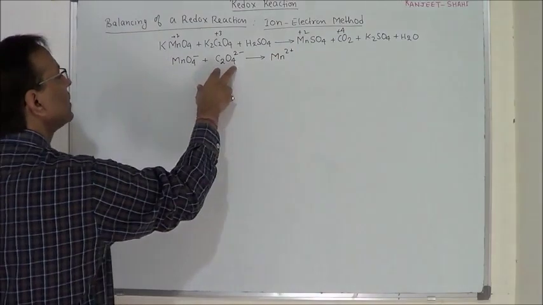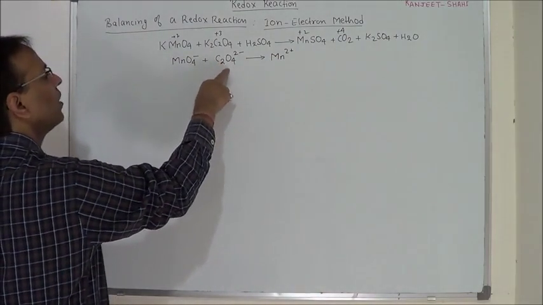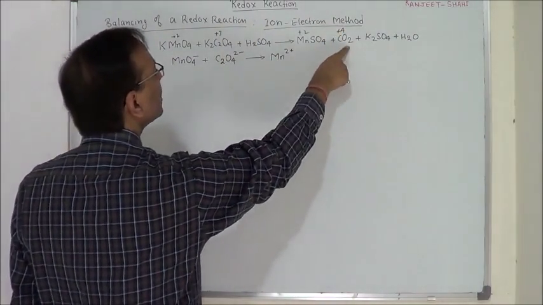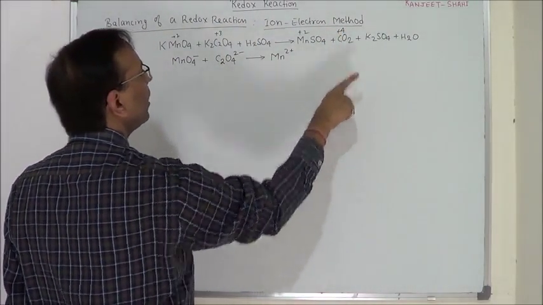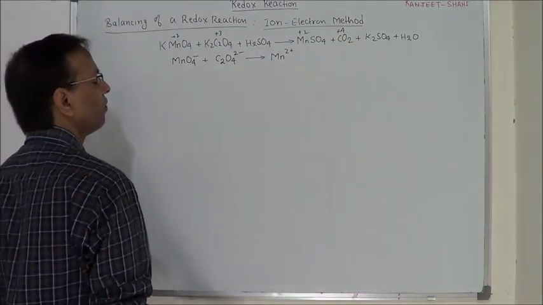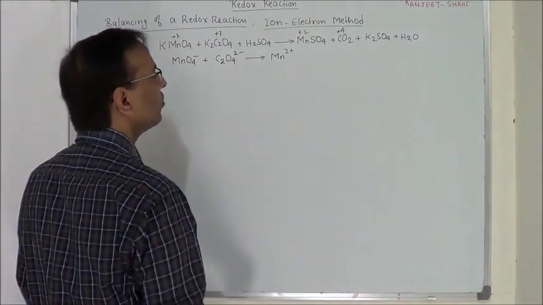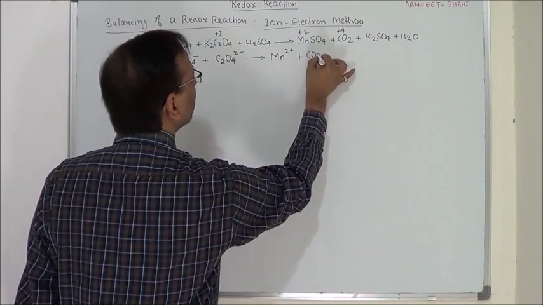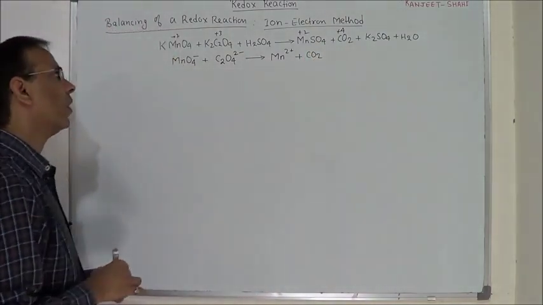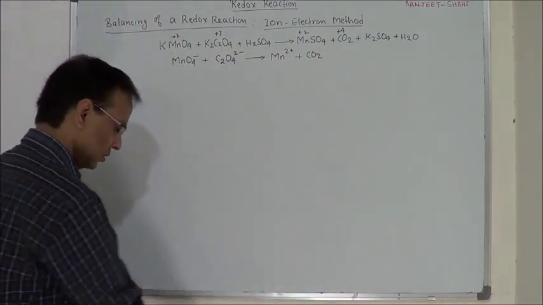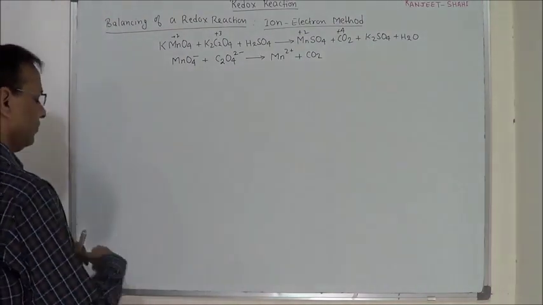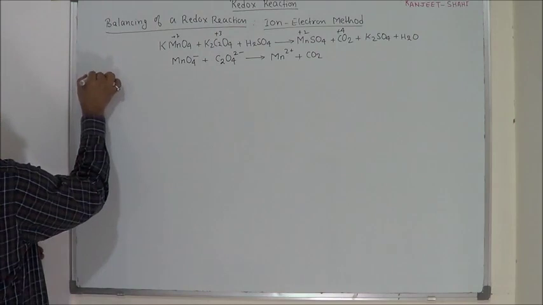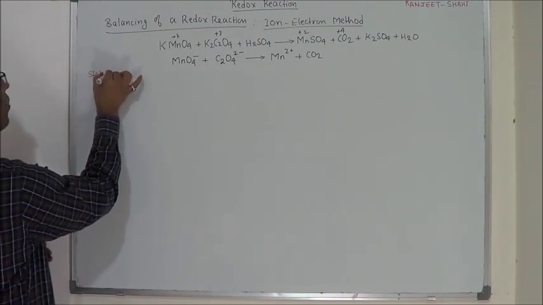If an ion or a compound undergoing change produces a covalent compound, it will have to be taken as such because it cannot be written in ionic form. So CO2 will be taken as such. Now the first step is, we call it step 1.